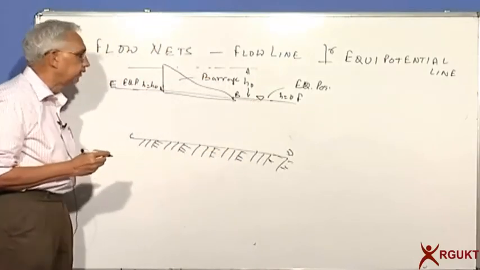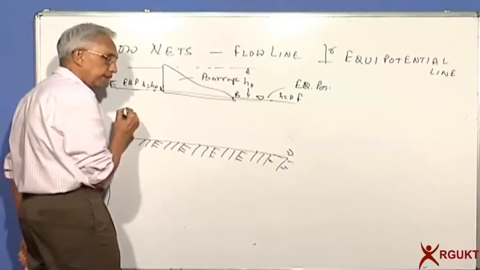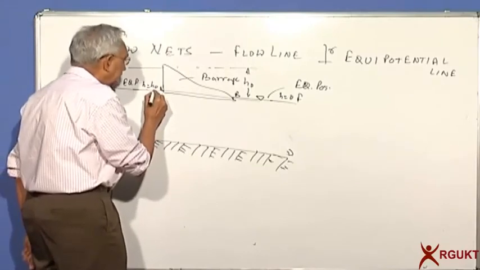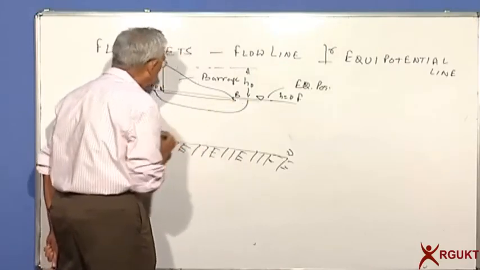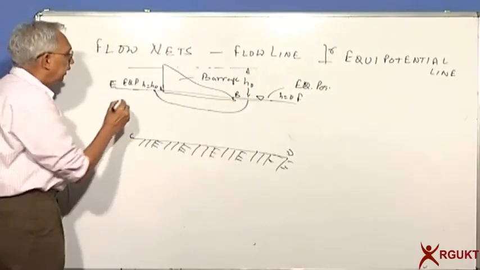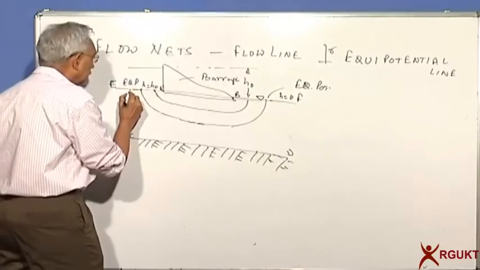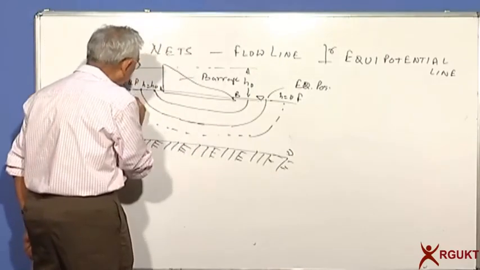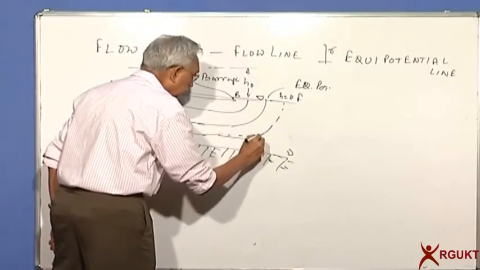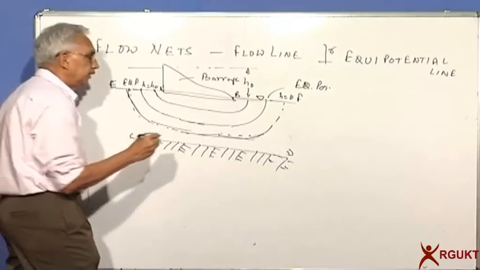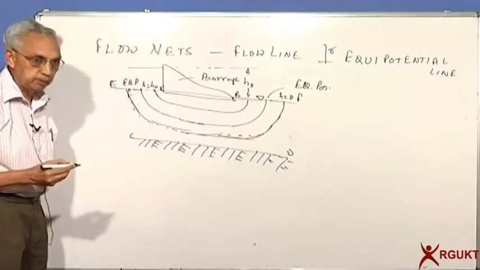Now let us try to visualize what will be the flow paths, and you can see that if I take a point here, it can travel something like this. Take another point to the left of it. So you will get the flow lines, and let us try to draw the equipotential lines.